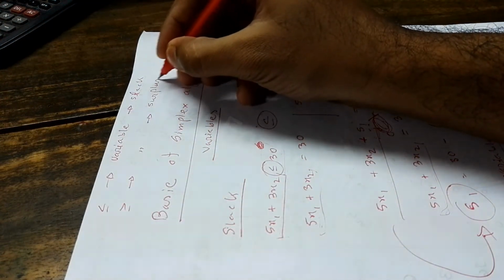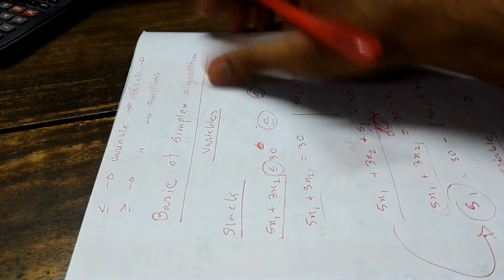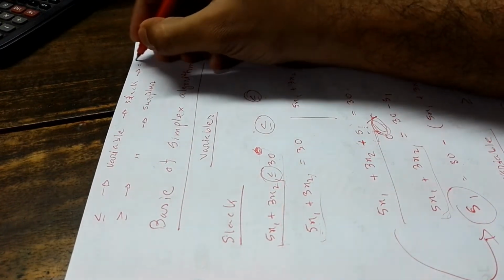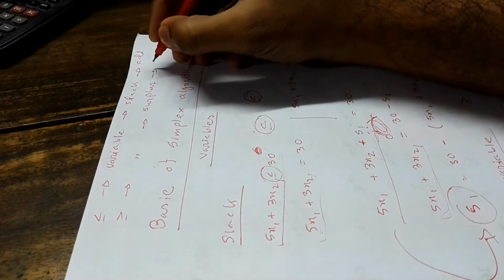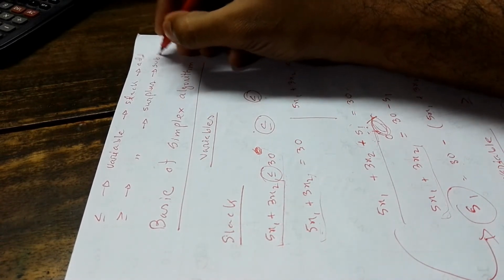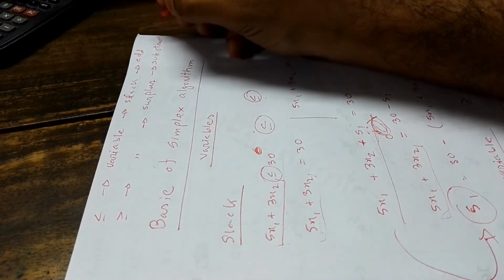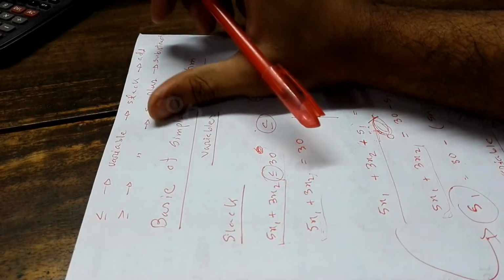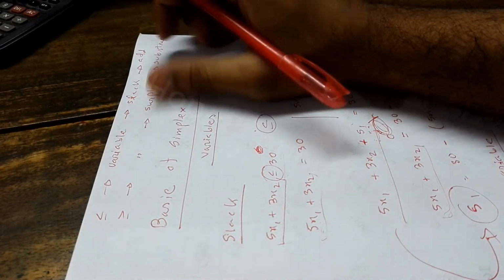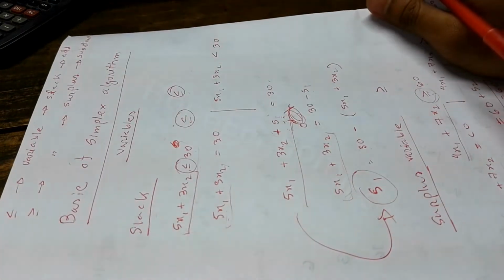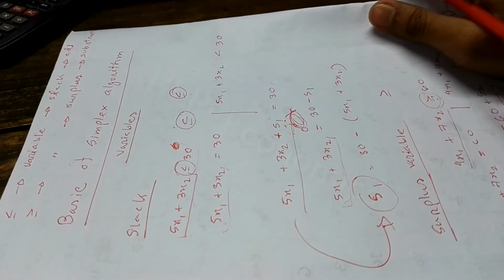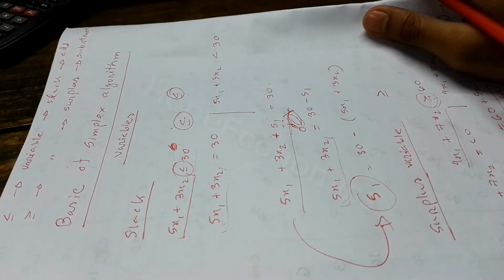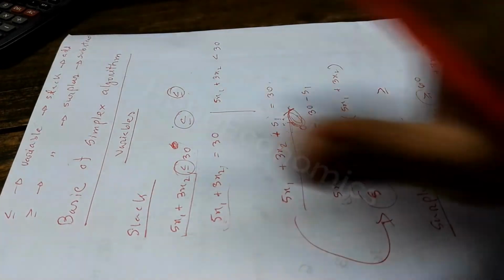That means we have to add the slack variable, and we have to subtract the surplus variable. So that is the basic thing about slack and surplus variables of the simplex algorithm method. This is the basic term.